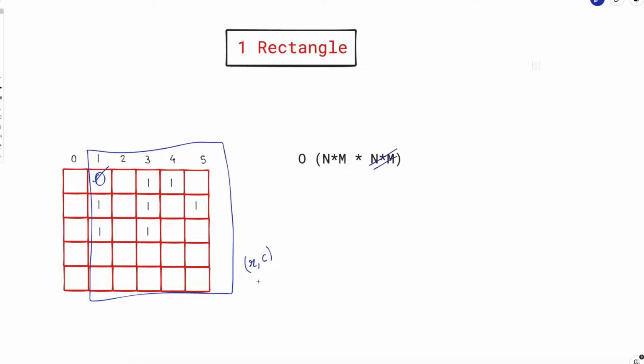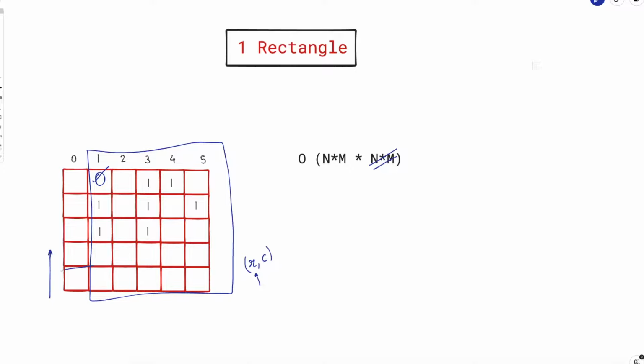Okay, so let's try to figure out R first. Forget about C, let's try to figure out R first. So what is the optimal row for the bottom right cell? When you have to cover all the ones, right? So let's say you go from bottom to up.